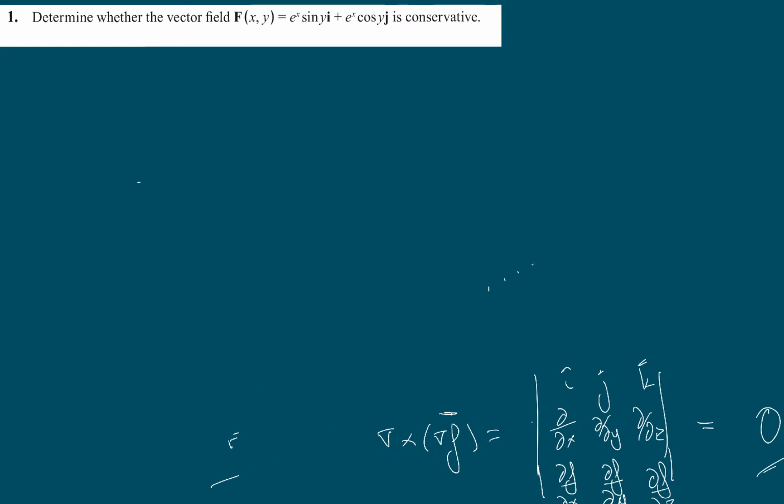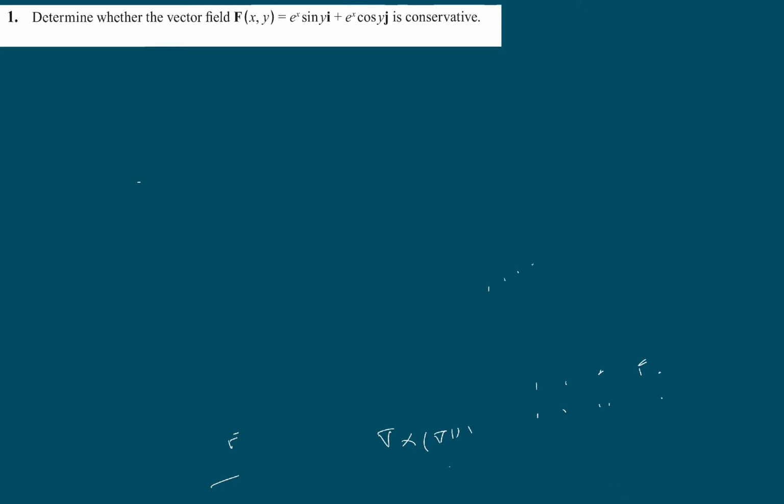The problem says, is this force vector field conservative? Well, to see if it's conservative, we will find the curl of F. If the curl of F is 0, we know that it's conservative.